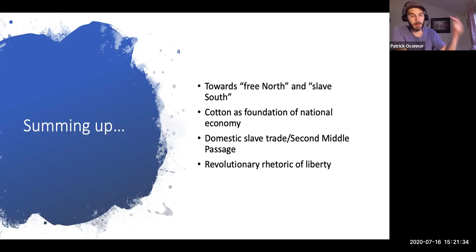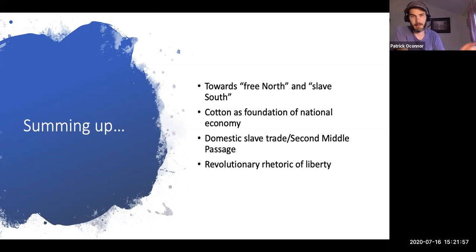Third, the transatlantic slave trade was outlawed, and in its place emerges an active domestic slave trade, right? So maybe the framers of the Constitution, if we're in our most generous mood, we could say they thought by banning the transatlantic slave trade, slavery would slowly die out, and they wouldn't have to actually make a decision about the issue. It would take care of itself, right?